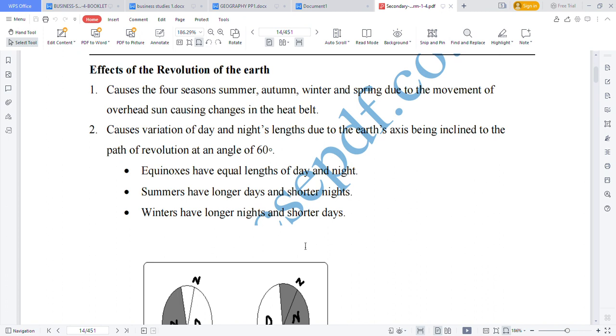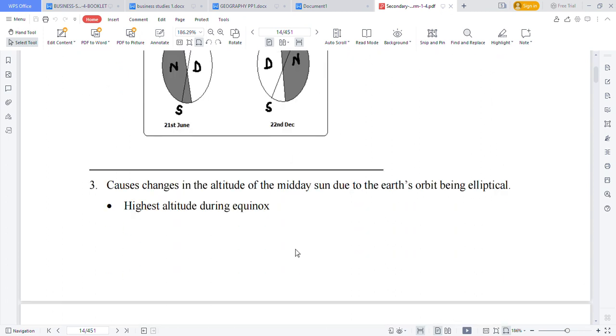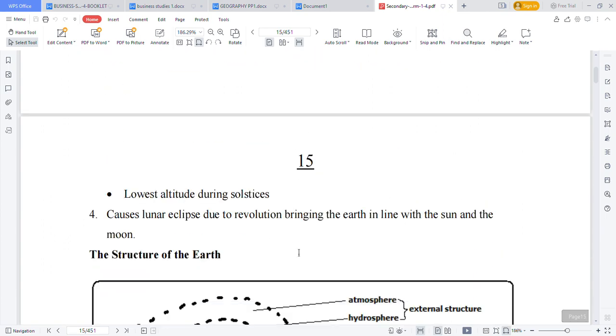It causes changes in the altitude of the midday sun due to the Earth's orbit being elliptical. It causes lunar eclipse due to revolution bringing the Earth in line with the sun and the moon.